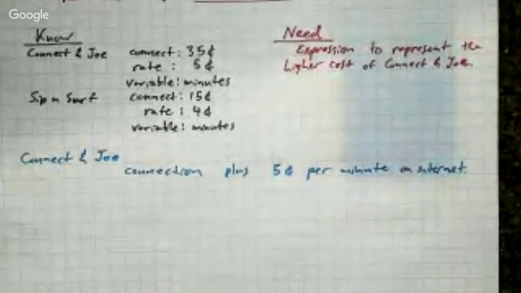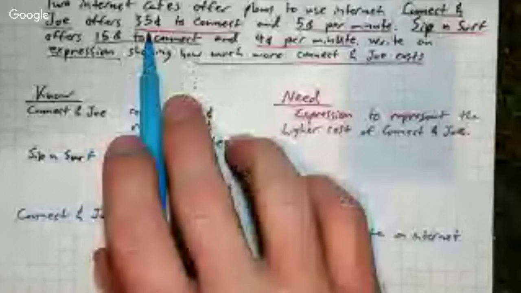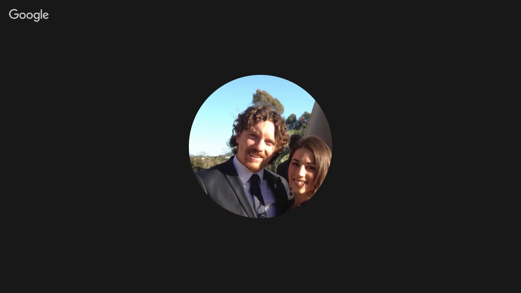So that's in words. The connection is what? The connection is 35 cents. So it's going to be 35 plus 5M, M as minute, obviously.